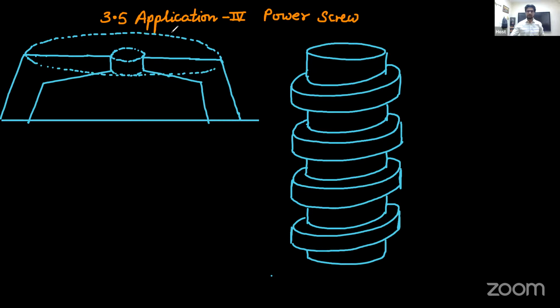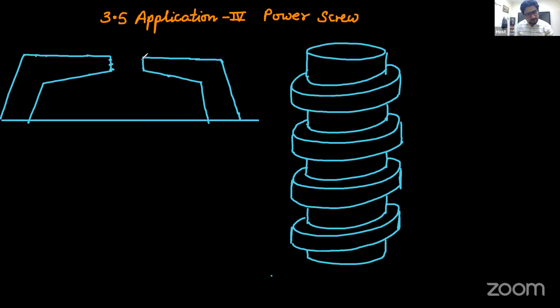So please don't think of these two things as two separate stands. This is a round part, and in that central hole there are some internal threads, in which the external thread of the power screw is fitted.